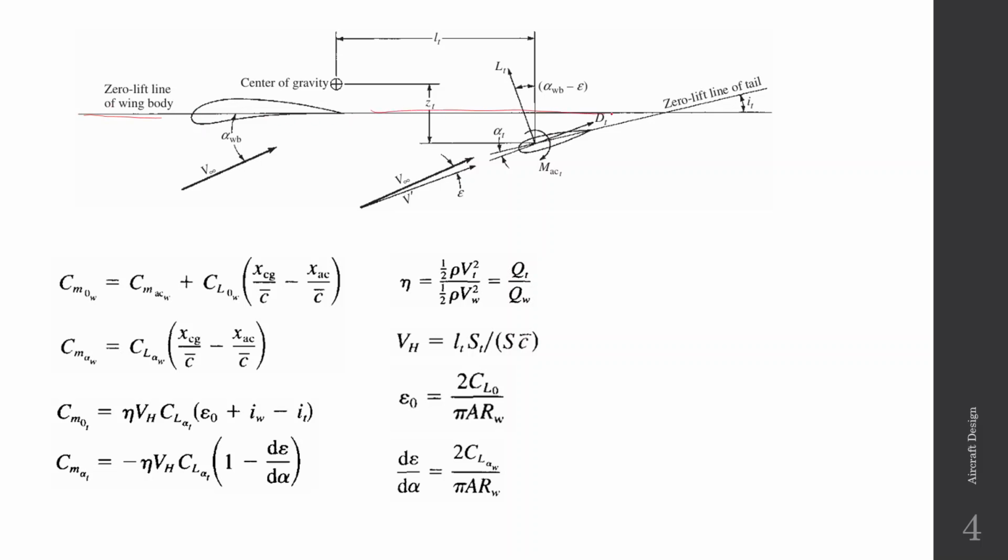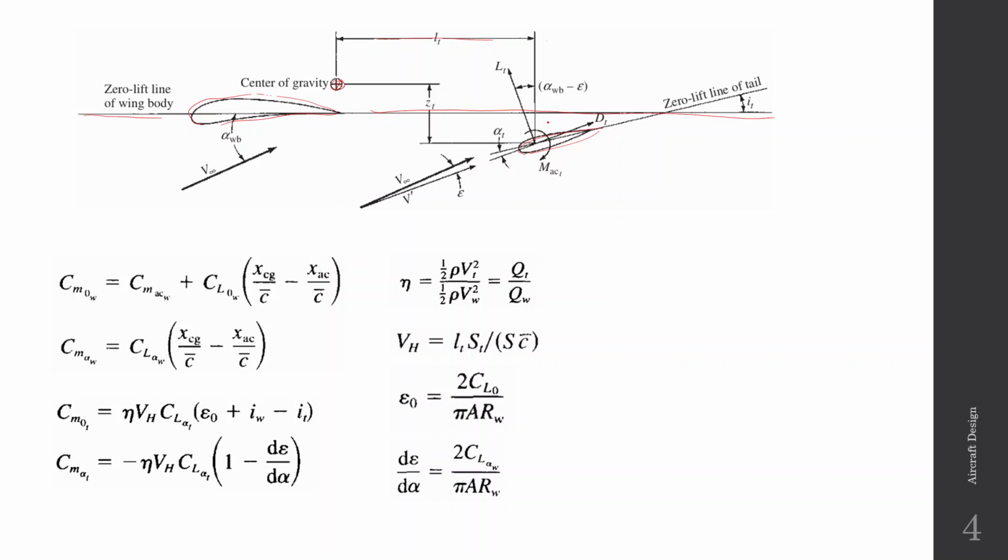You can consider that this is the reference line of the aircraft, and now you have the wing here, and similarly you have the tail, and we have the CG location over here, and there is a horizontal distance between the tail and the CG. There is also a vertical distance, but we are ignoring it for now.